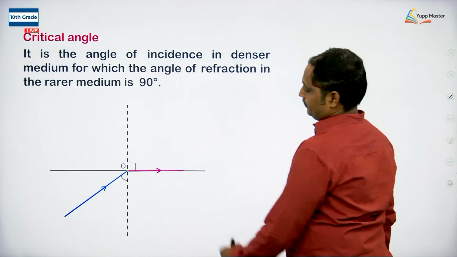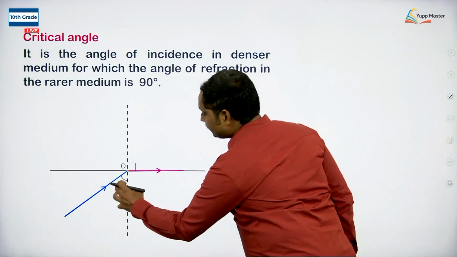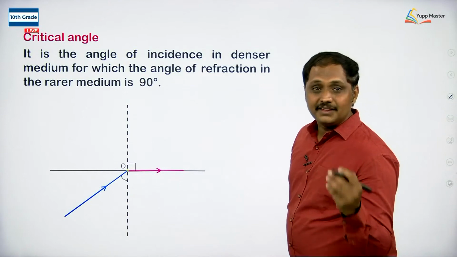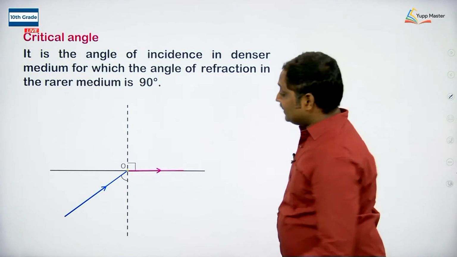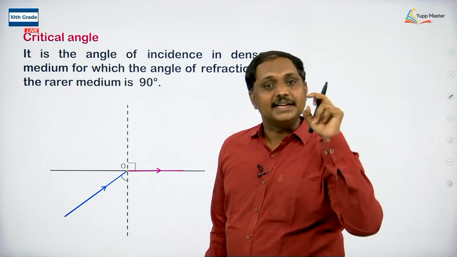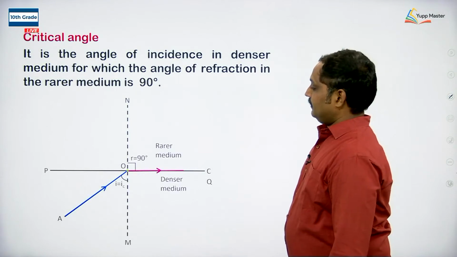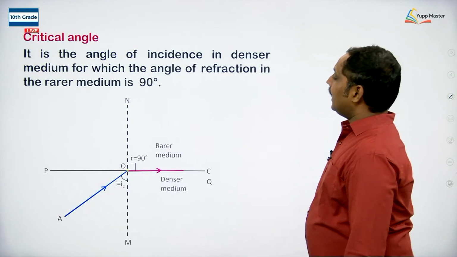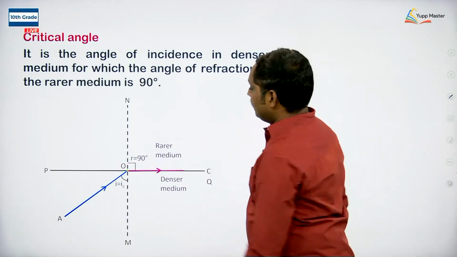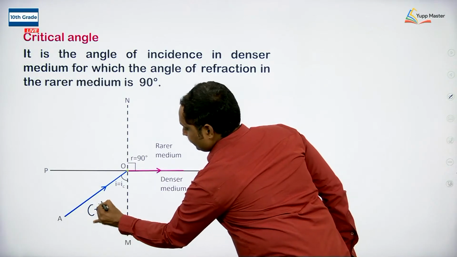At 90 degrees, you have to consider the angle of incidence is nothing but the critical angle for that given medium. Please have a look, the angle of incidence i is equal to i_C. This is the critical angle.